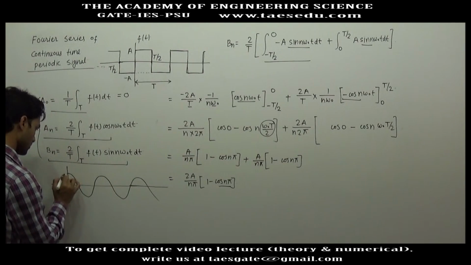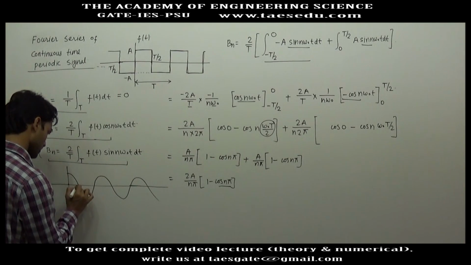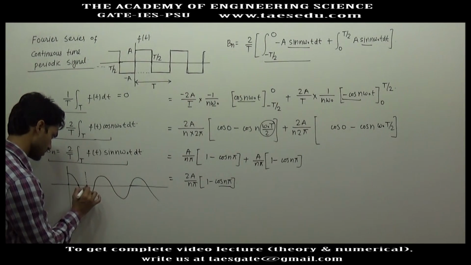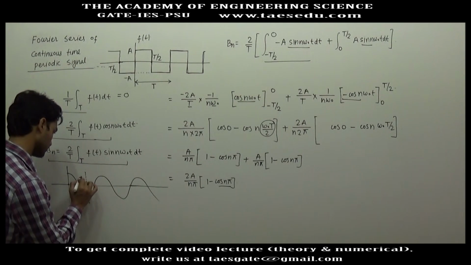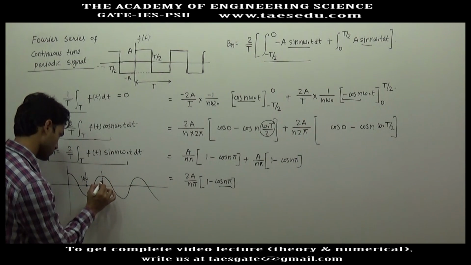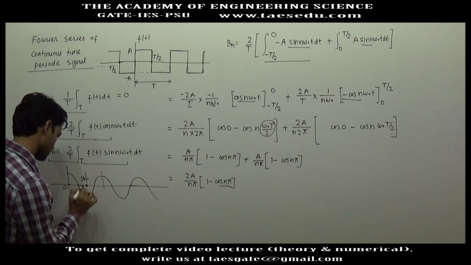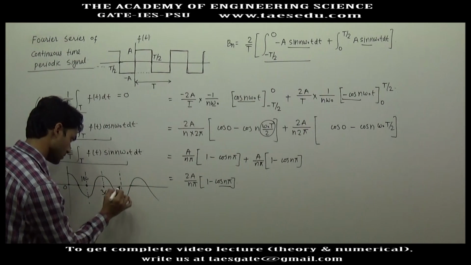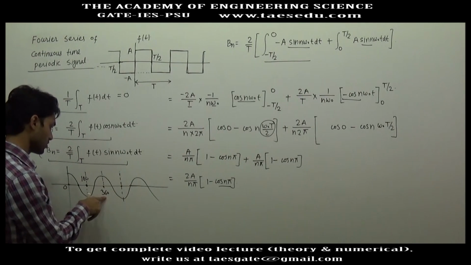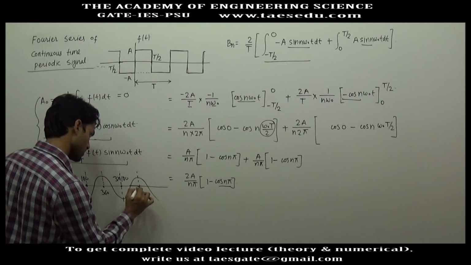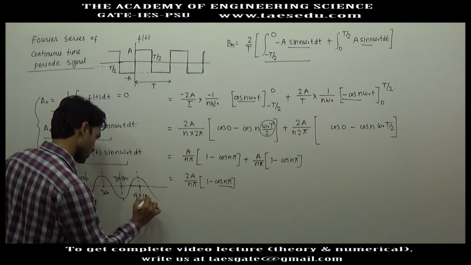Okay, for 0 degree cos is 1, this is 90 degree, and this is 180 degree. This is 180, this is 0, this is 180, this is 360, this is 2 into 180, this is 3 into 180, this is 4 into 180.